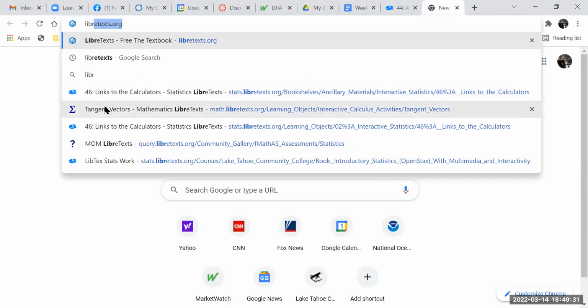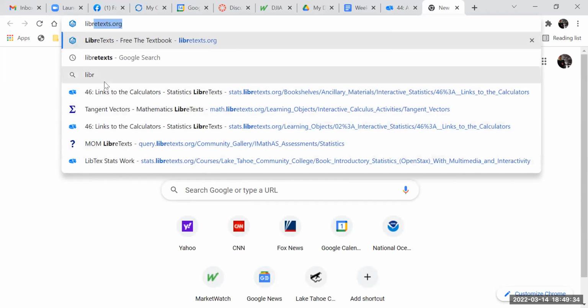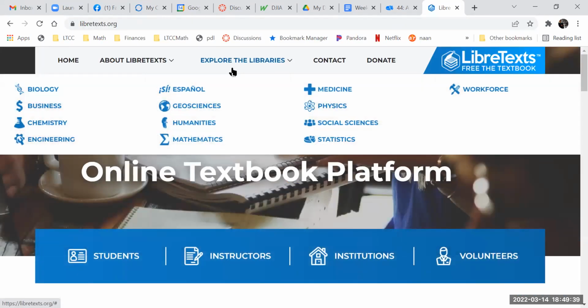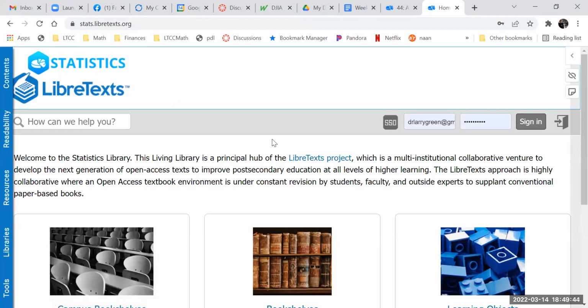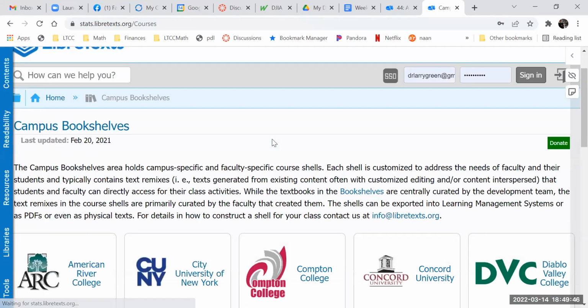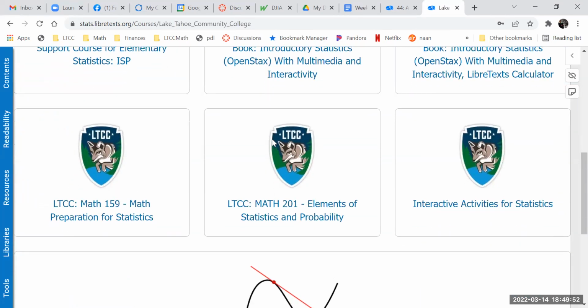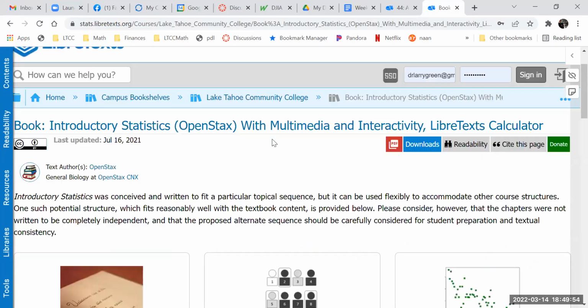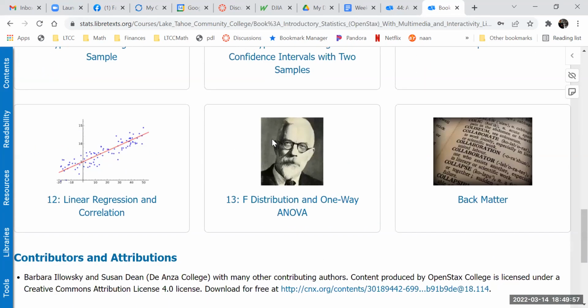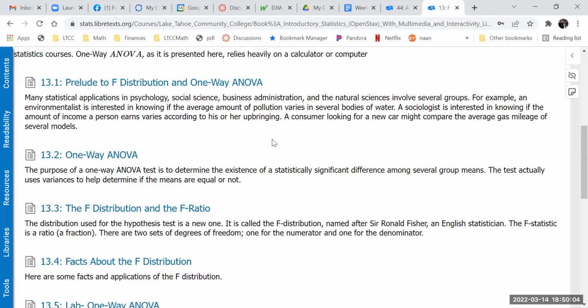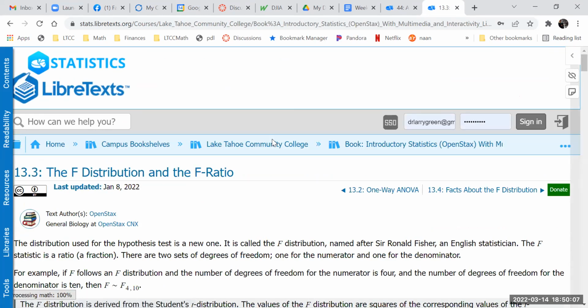To our book. Let's go there so I can show it to you. So if you go to the textbook 13.3, that's the chapter we're in.